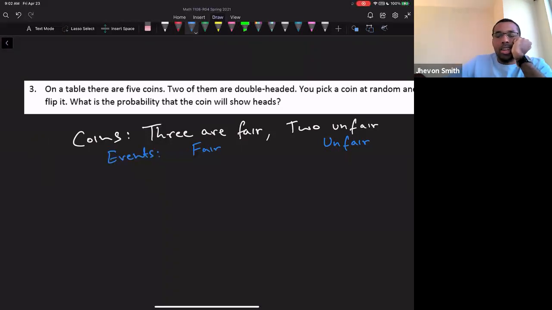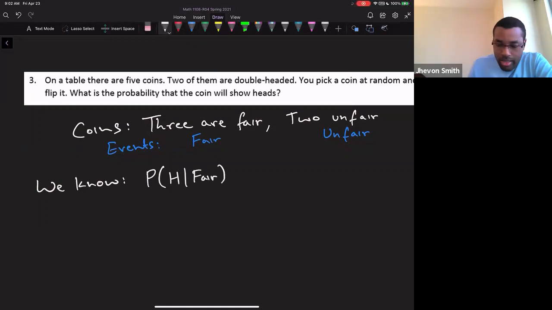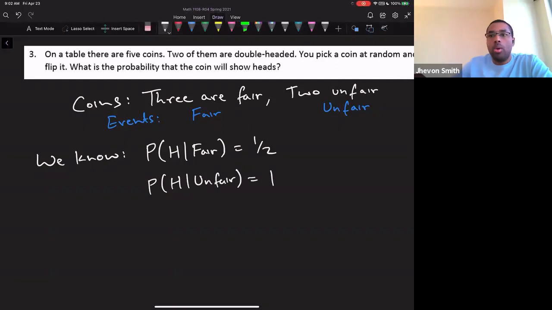I call them F and U, but I just wrote out the words. So here's what we know. The probability that you'll get heads given that you chose a fair coin, well, that's just a half, it's a normal coin. However, the probability that you get heads given that you chose an unfair coin, well, that's 1. Whatever side it lands on, you're going to get heads.